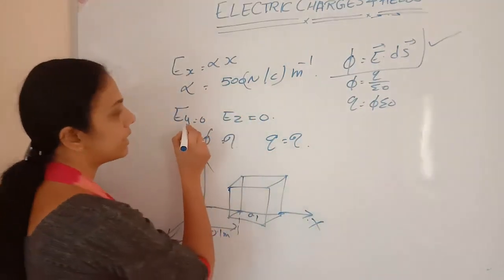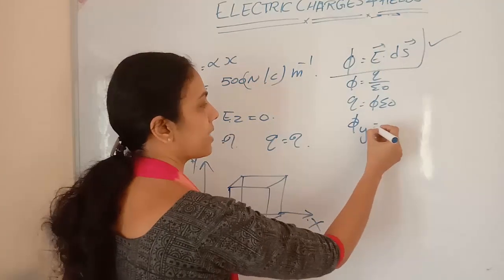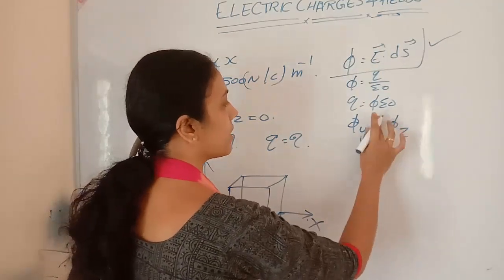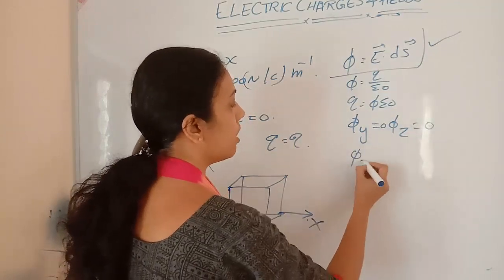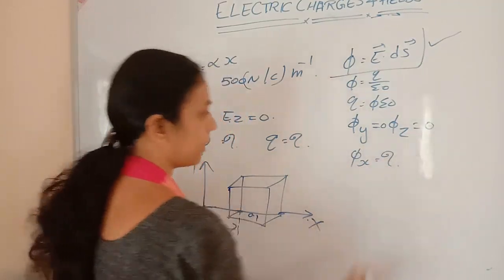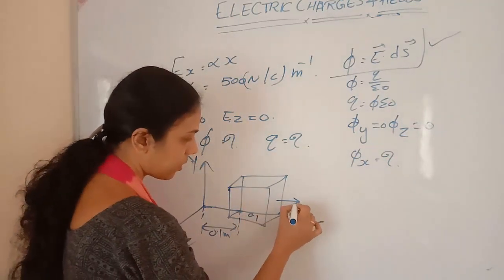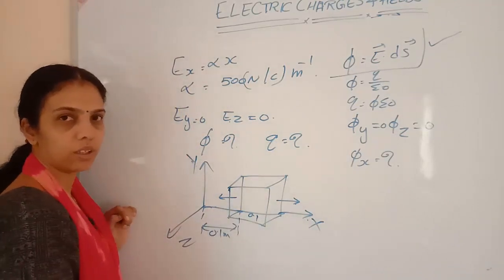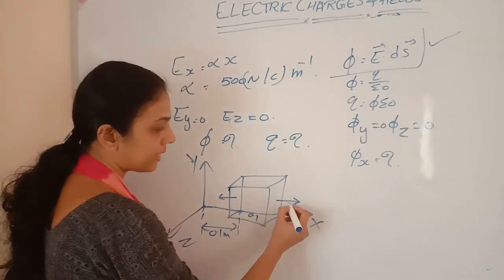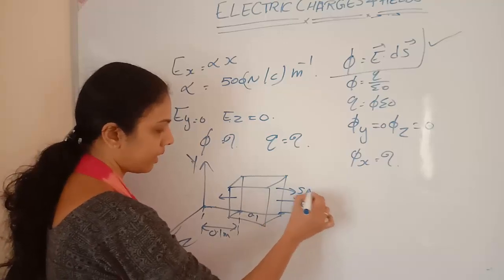Here it is already given that Ey equals Ez equals 0, so phi along the y axis and phi along the z axis will be equal to 0. Now we should find phi along the x axis only. For the x axis there is one face on the right and one on the left.